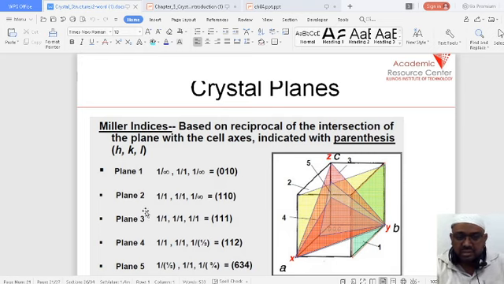And this plane too you will get 1, 1, 0. If you do it separately, it is well and good. If you combine it for your reference, this might be the position of the different planes that you obtain.